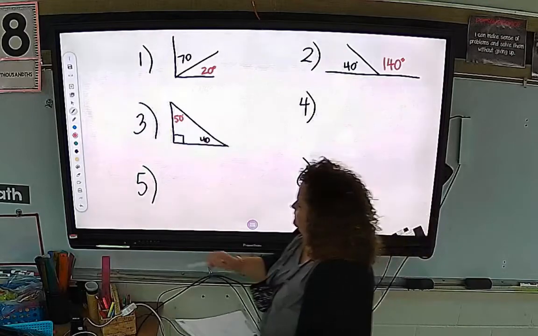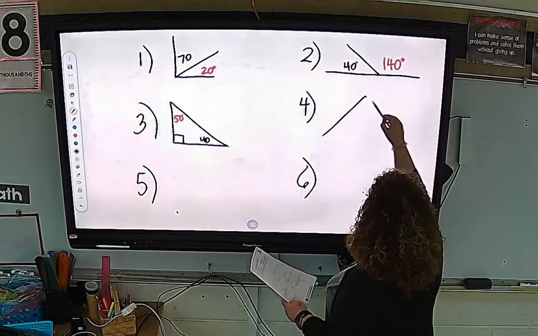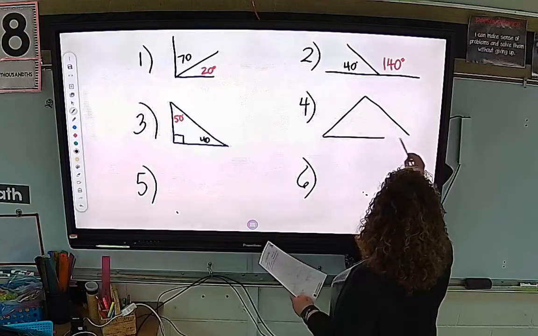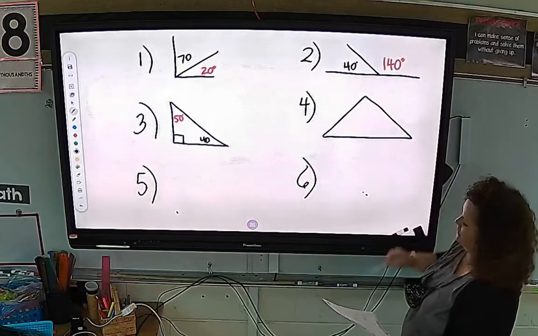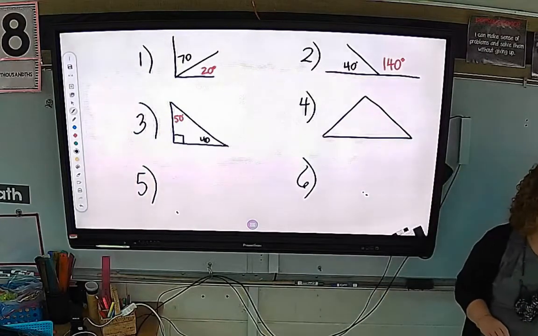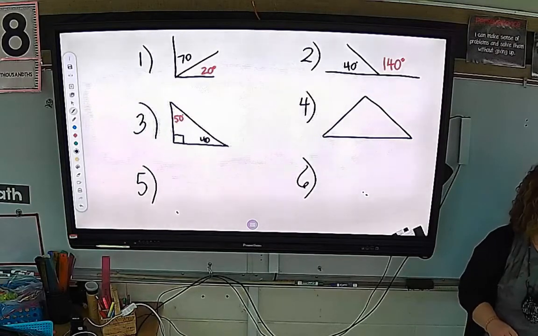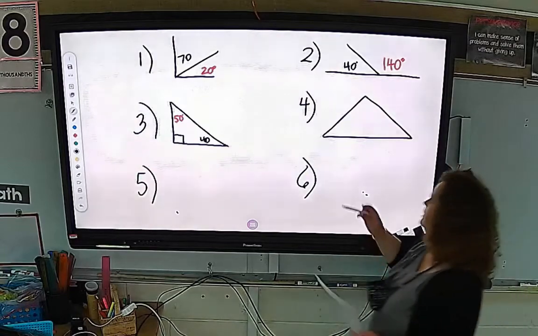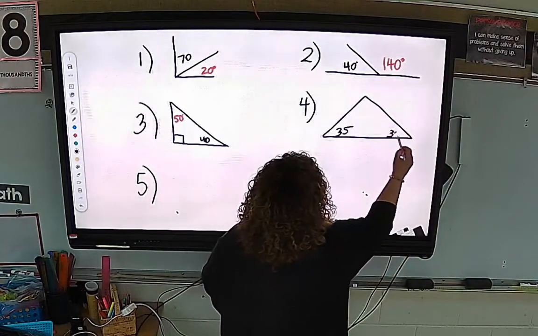All right, next one, we had a triangle that looked like this. What kind of triangle can we tell? It does look like an isosceles triangle. It almost looks like a right triangle, but we're not sure until we figure out the angles. We know this one is 35, and we know this one is 35.